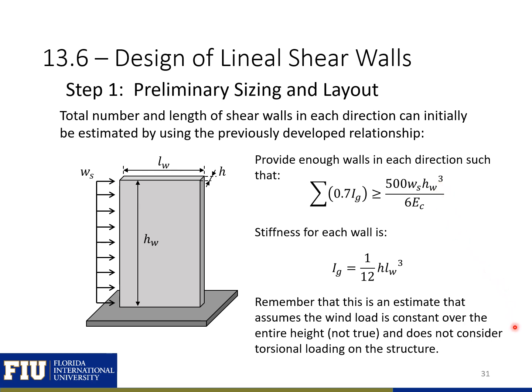So remember that this is an estimate that assumes that the wind load is constant over the entire height of the wall. This isn't true. So this is just a preliminary design equation. And it also doesn't include any torsional loading on the structure. So you will need to go back and check your actual drift at the end.